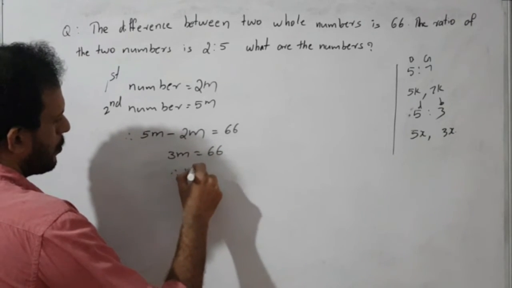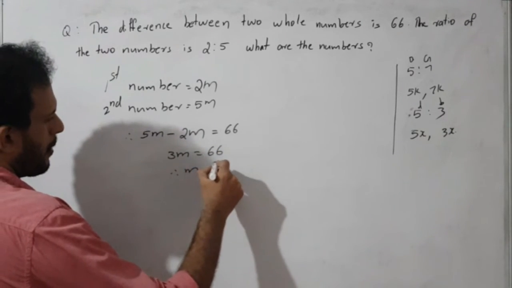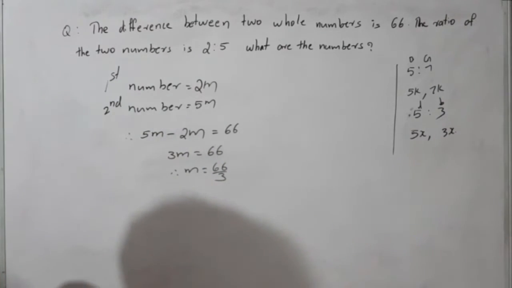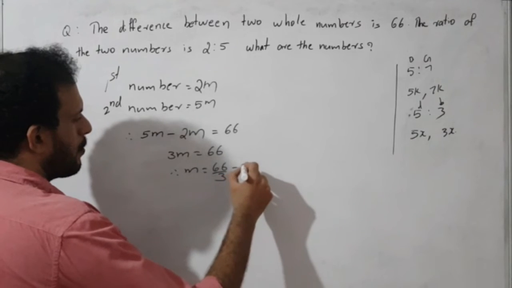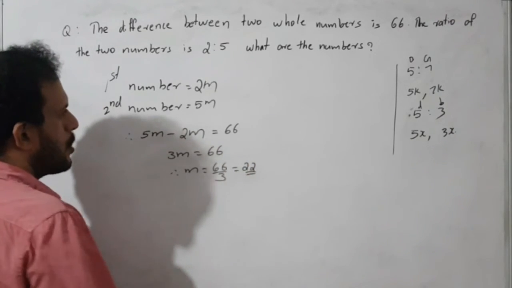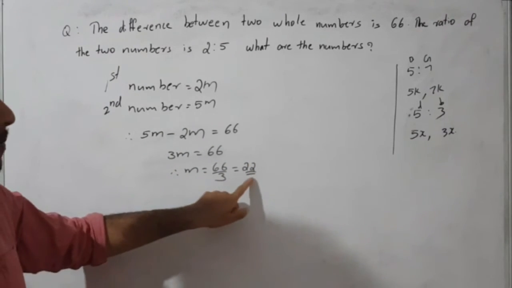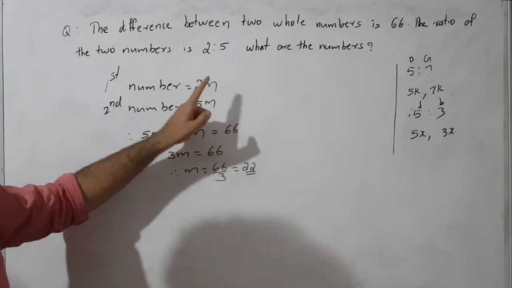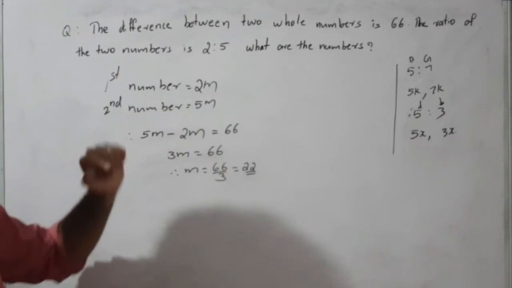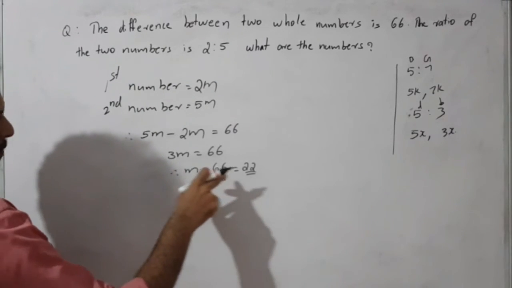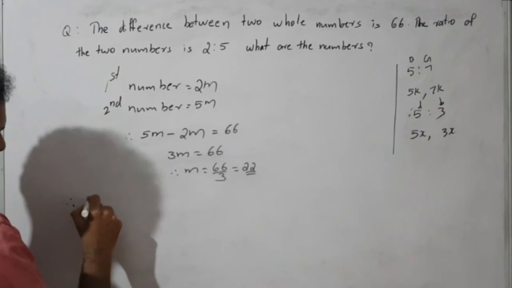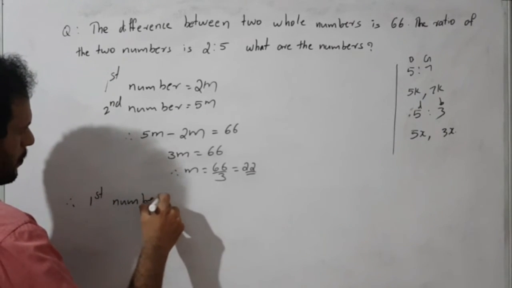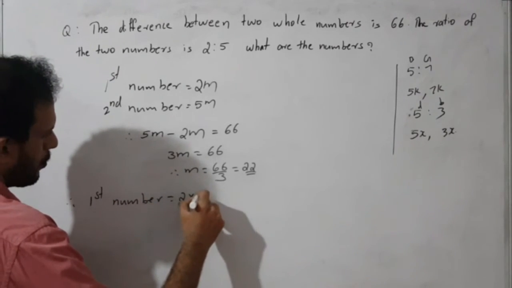Therefore, m is equal to, if you transpose 3, then what happens? Divided by 3. 66 divided by 3 is equal to 22. So we got the value of m, but the first number is not m. The first number is 2m, but the second number is 5m, correct? We got only the value of m. Therefore, first number is equal to 2 into 22.